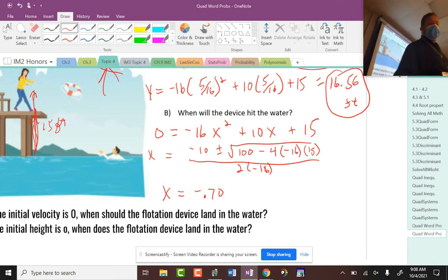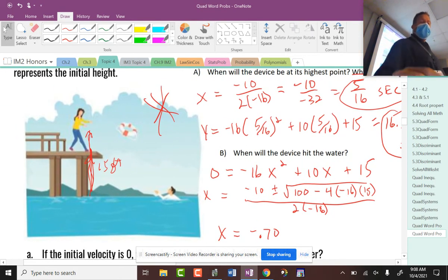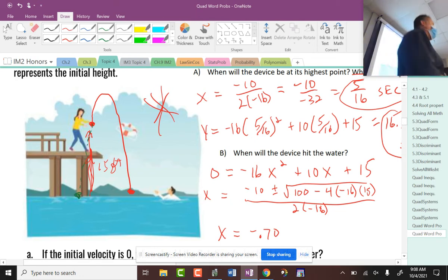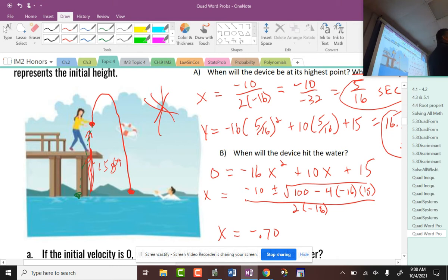Okay, now is that a viable answer? What this is reading is at 0 seconds, we're at 15 feet, then it goes up, and then it goes down and hits the water. What it's reading is, oh, okay, 0.7 seconds in the past, then this would be at ground zero. That's what it's reading. Is that what really happened in this question? Yes or no?